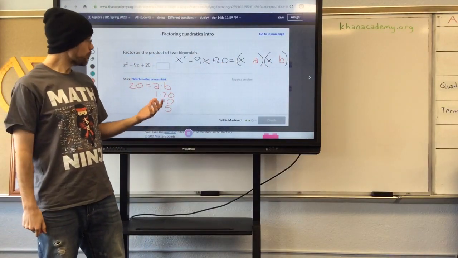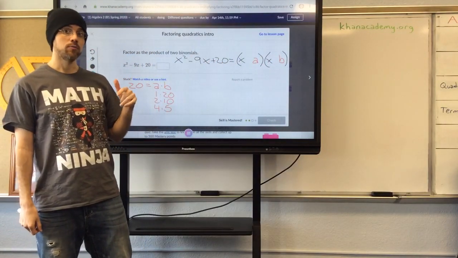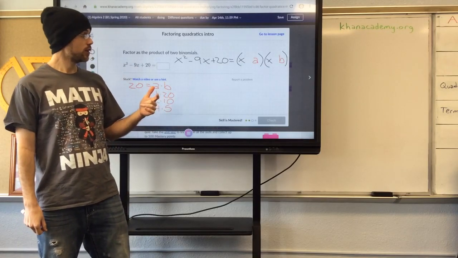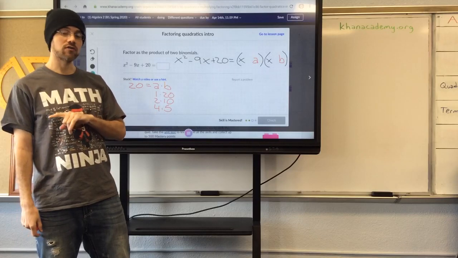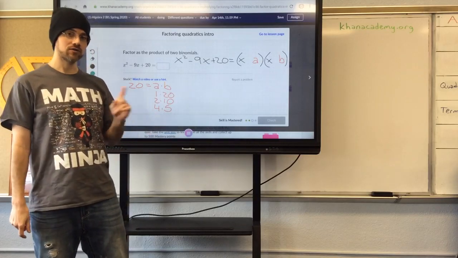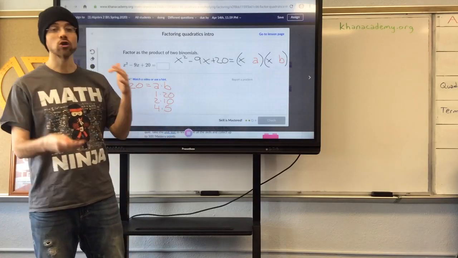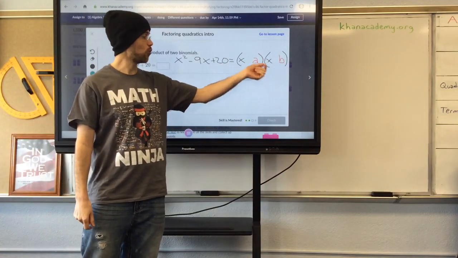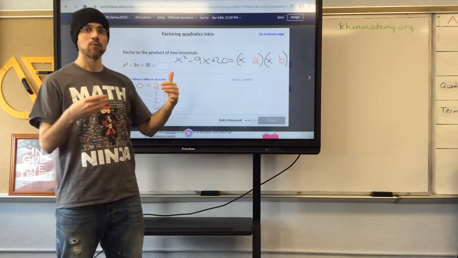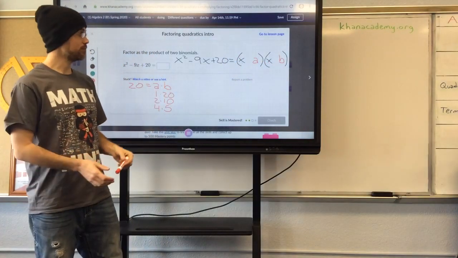Those two numbers are going to be both positive if we want a product that's positive, or another option is to have them both be negative. Negative times a negative is a positive. The only thing we can't do is have a negative times a positive or a positive times a negative. They both have to have the same sign.